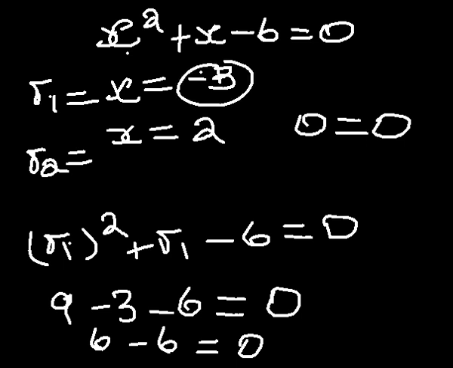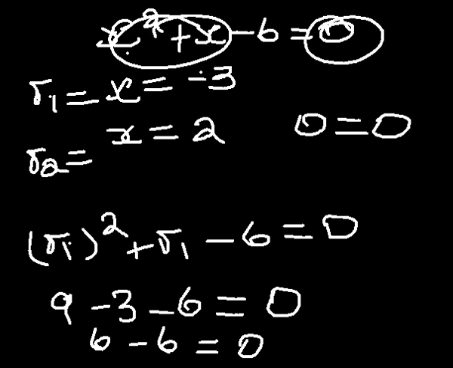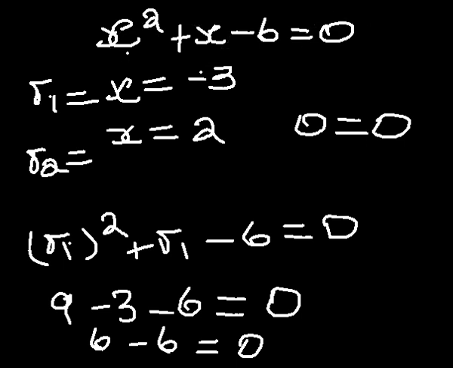Hence, x equals negative 3 is the solution or the real root of the quadratic equation, since it can be checked. What we have on this side is the same as what we have on this side. It means x equals negative 3 is the real solution for the equation.